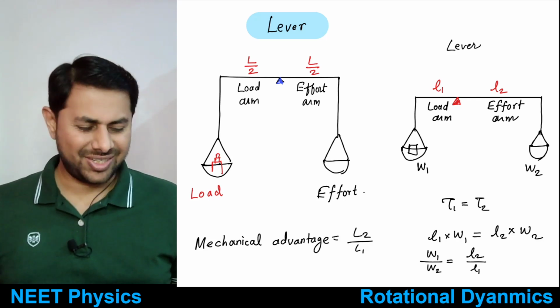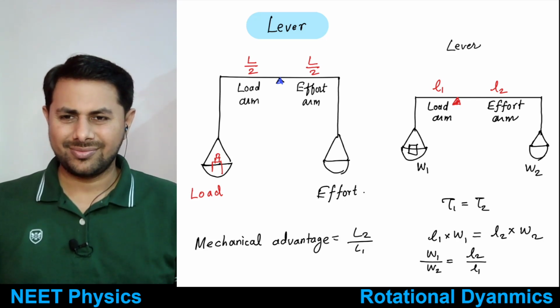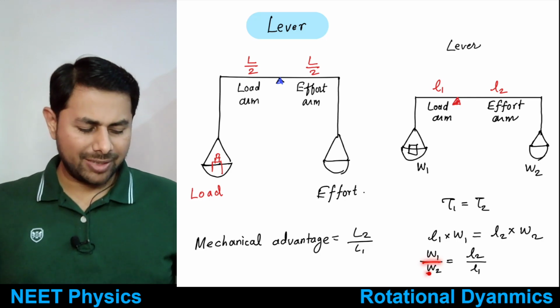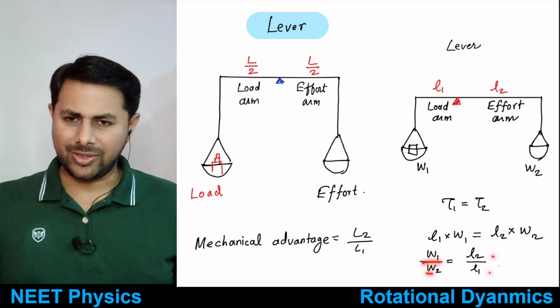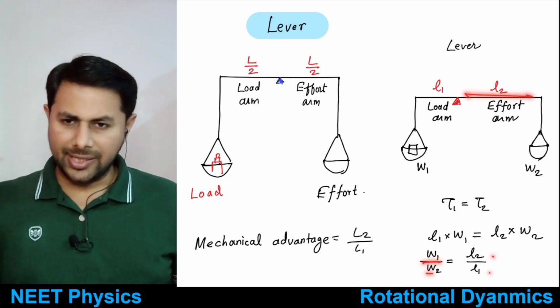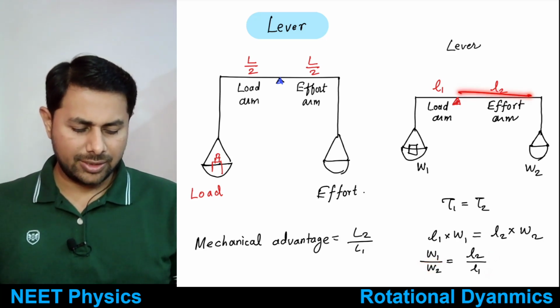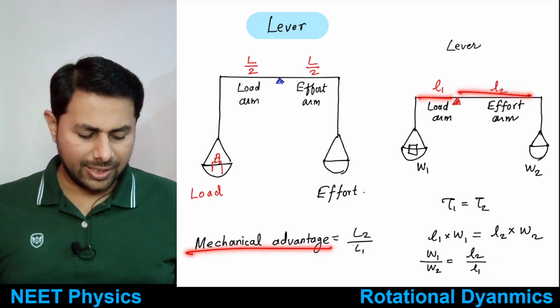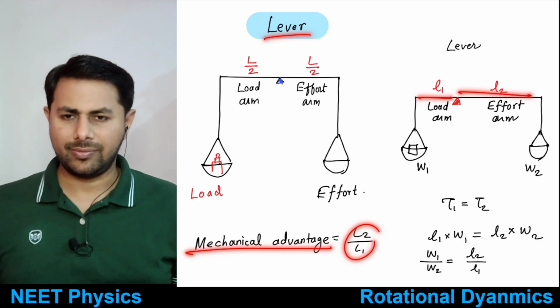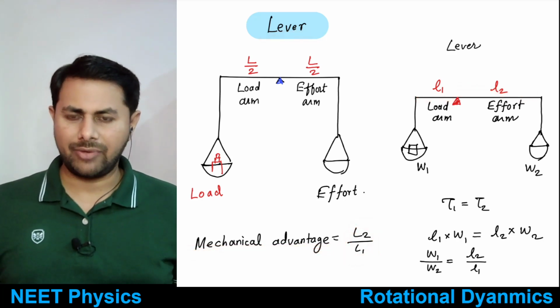Is this clear? Because W1 by W2 is equal to L2 is to L1, and this ratio of L2 to L1 is known as the mechanical advantage of the lever.